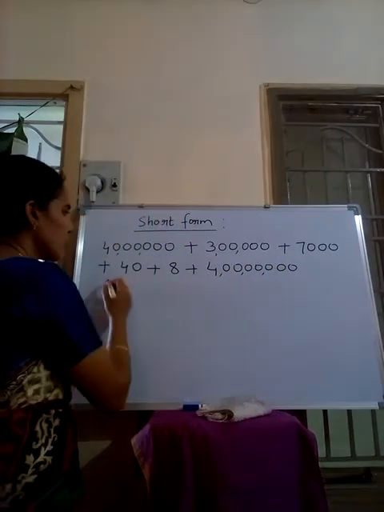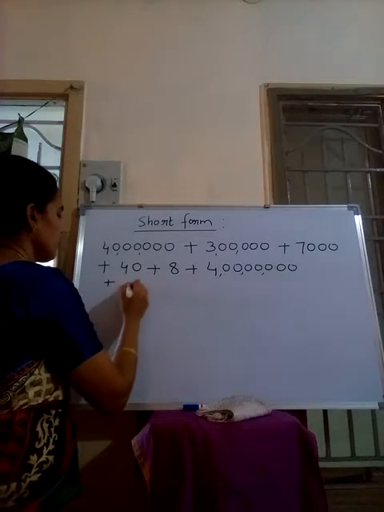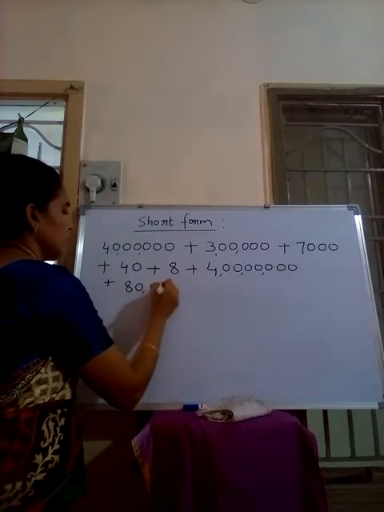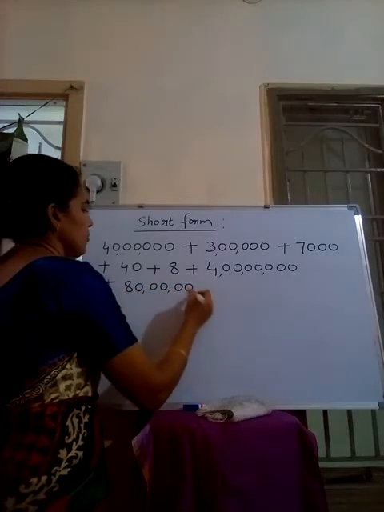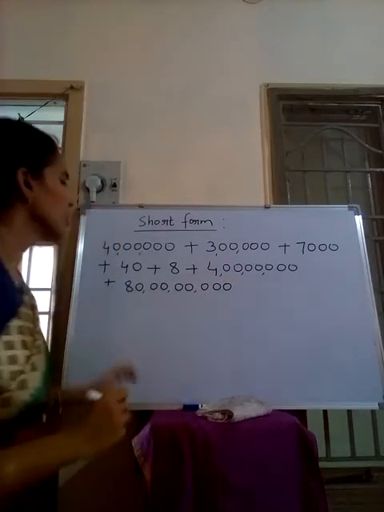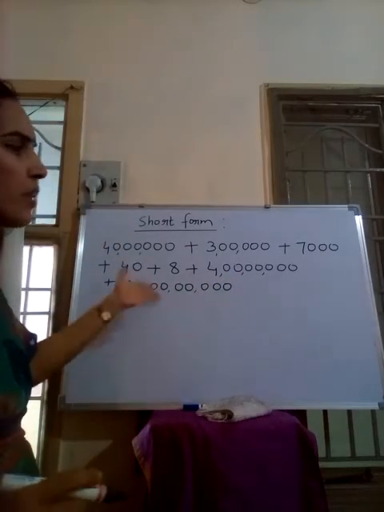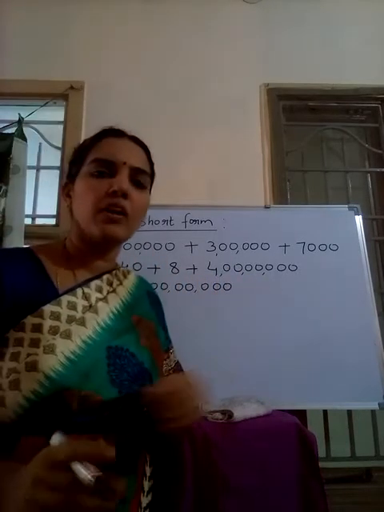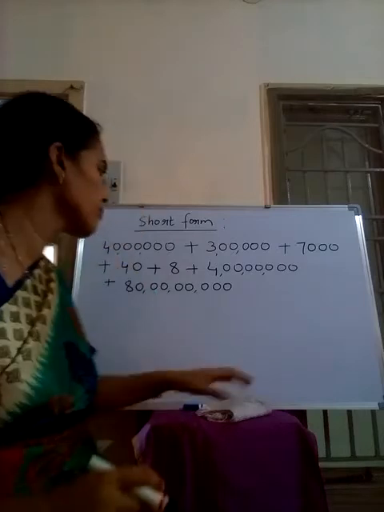Next I took 4 crores. Next I took 80 crore. Now the place values are jumbled. Now we will see how to write the short form.